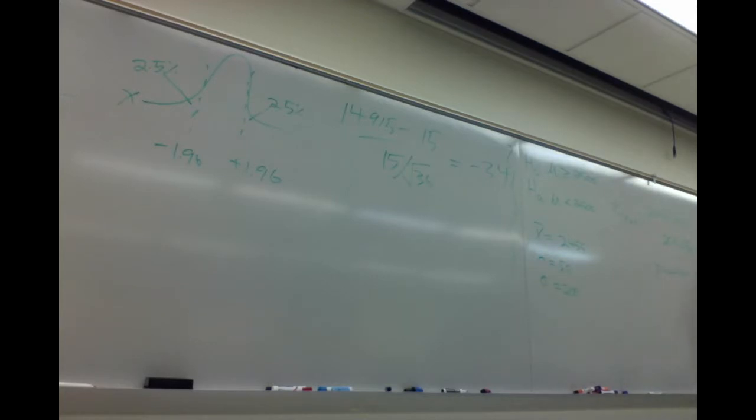But if there's less than a 5% chance of getting something that extreme, we say we're not believing it and we reject the null. If this were 0.03, we would reject the null. You're right, the actual answer is fail to reject.